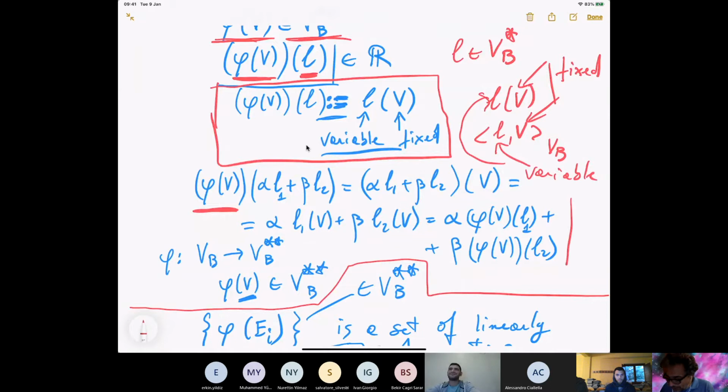So actually, phi maps elements in V to elements of V star star.